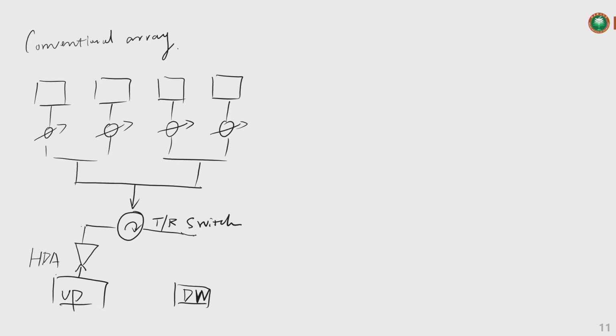For the receiver configuration, there is also an amplifier, but at the receiver side what we really use is a low noise amplifier. This is the conventional configuration of arrays, with the phase shifter and TR switch.